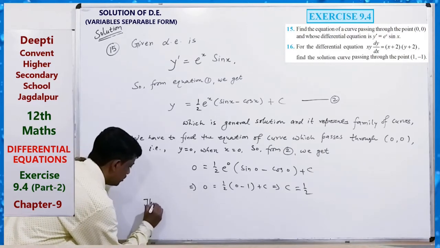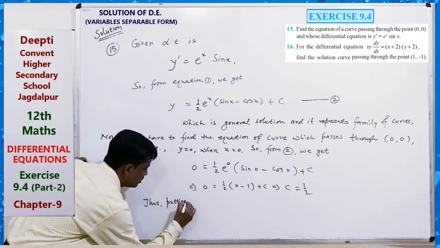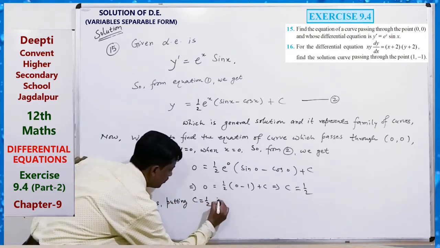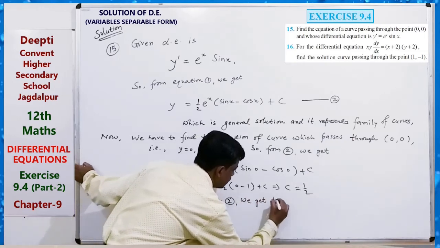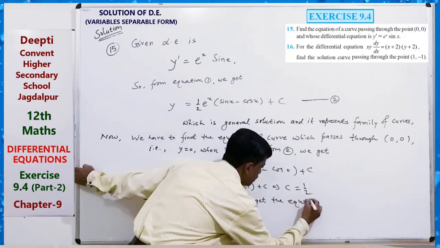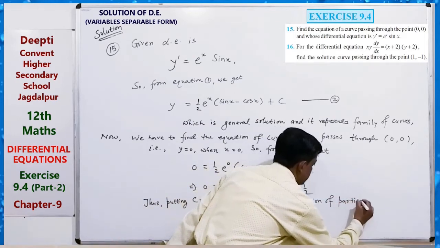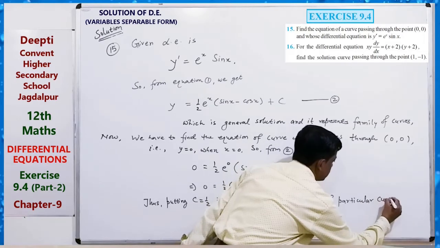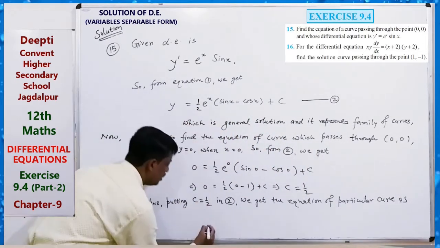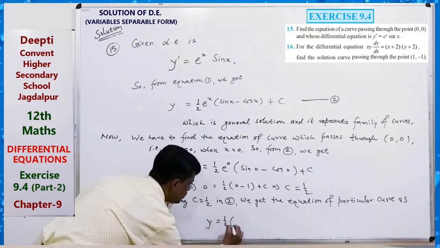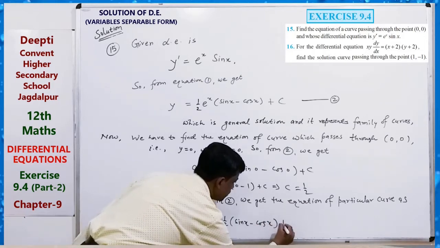Thus, putting c equals half in equation 2, we get the equation of the particular curve as y equals half e to the power x into sin x minus cos x, plus half.